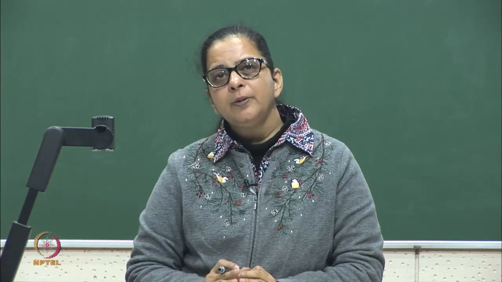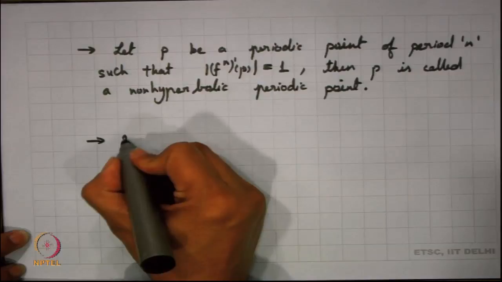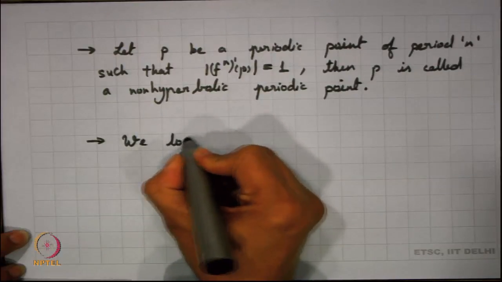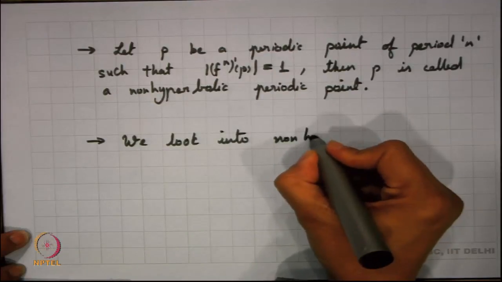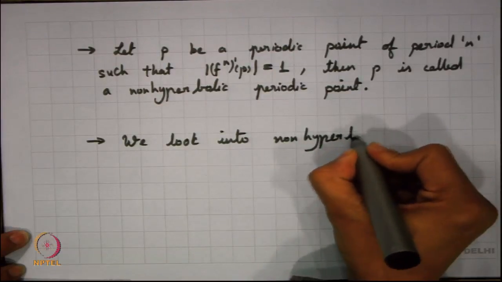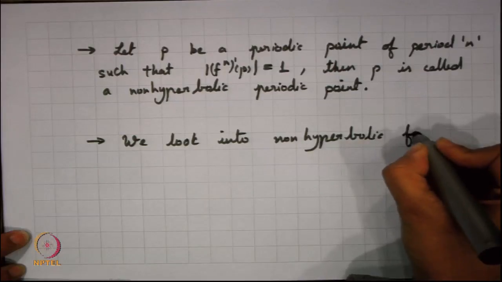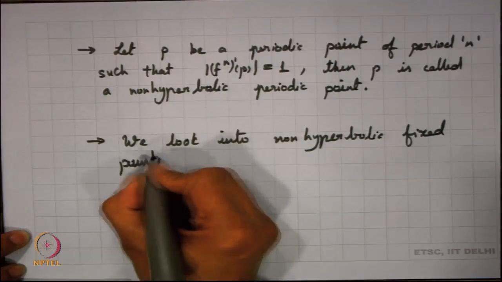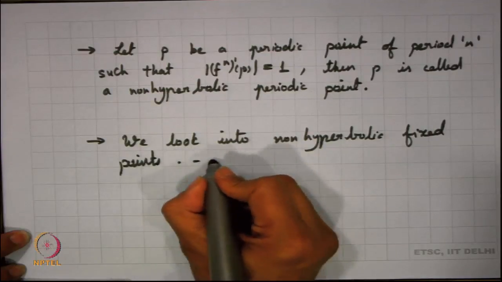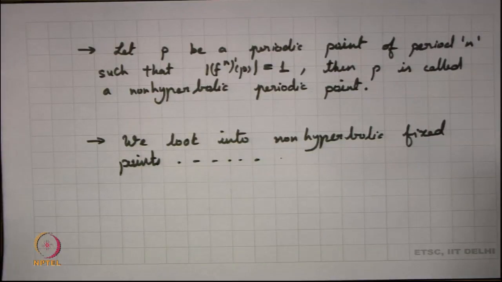Cases of non-hyperbolic periodic points are much different from the cases of hyperbolic periodic points. So, let us try to analyze this case. So, we first look into non-hyperbolic fixed points and the rest of the things will be just similar.